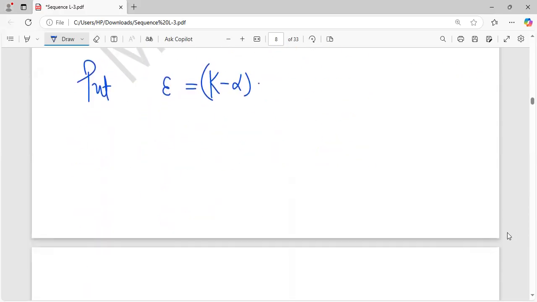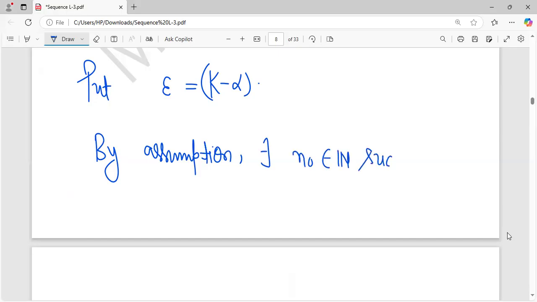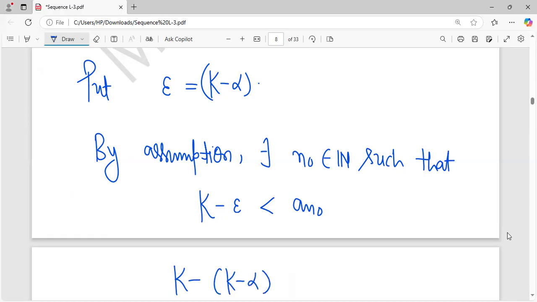By assumption, there exists n_0 belonging to N such that K minus epsilon is less than a_{n_0}. Now put the value of epsilon here. This is K minus alpha.